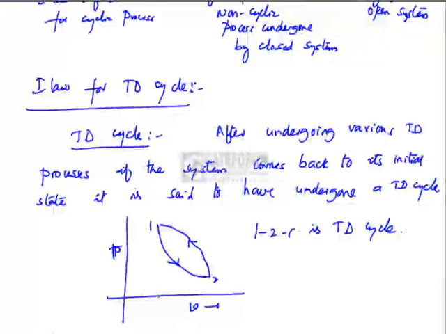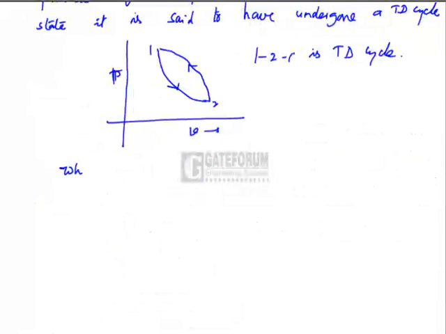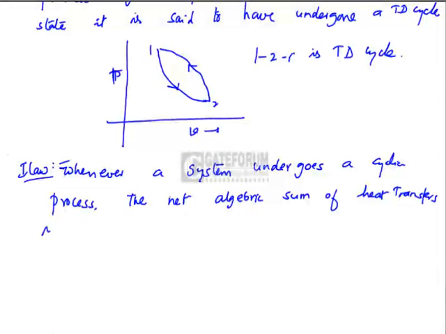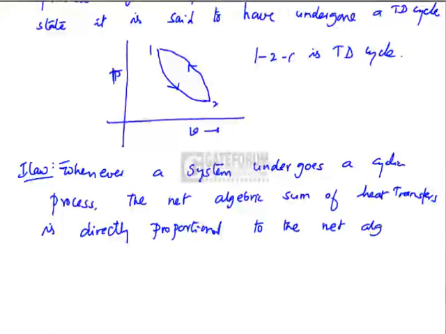Coming to the first law for a thermodynamic cycle, whenever a system undergoes a cyclic process, the net algebraic sum of heat transfers is directly proportional to the net algebraic sum of work transfers.